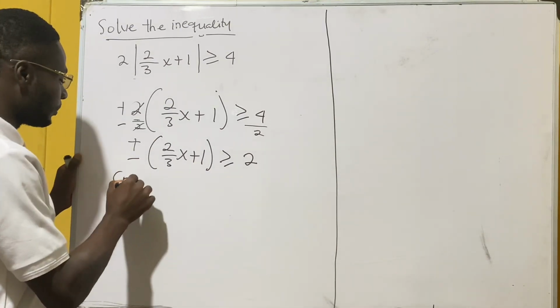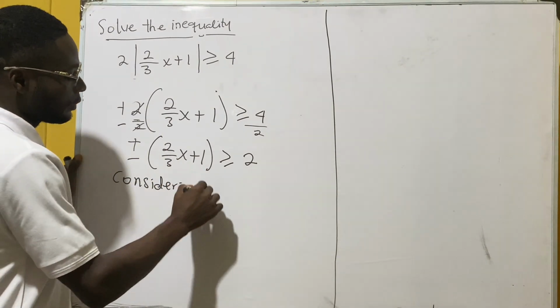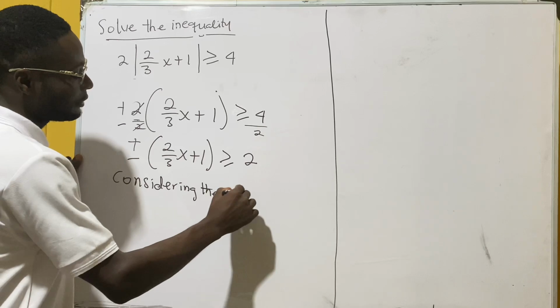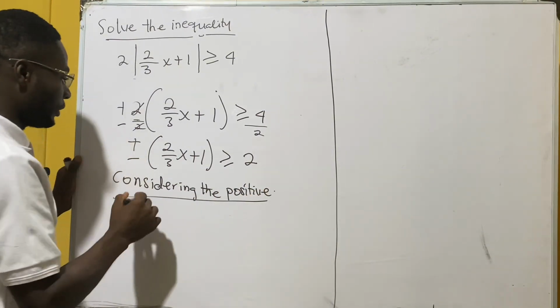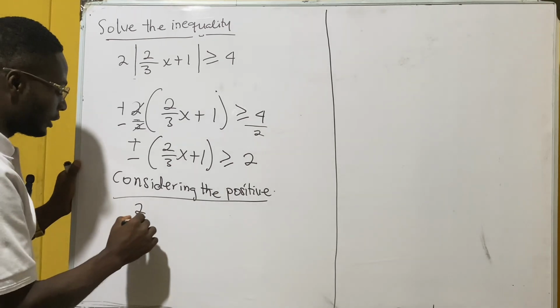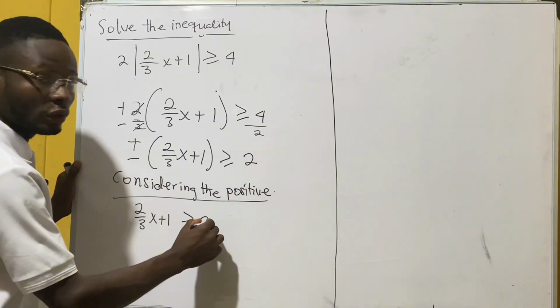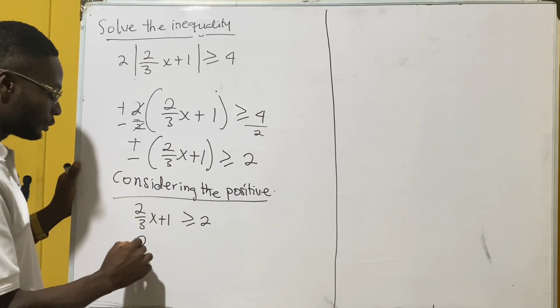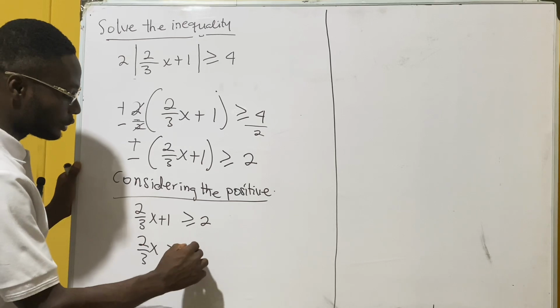Considering the positive one, we are going to have 2 on 3x plus 1 greater than or equal to 2. So we are going to have 2 on 3x greater than or equal to 2 minus 1.